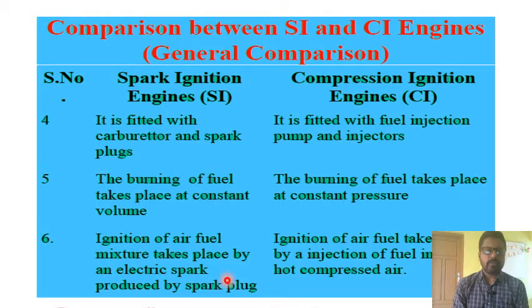Ignition of air fuel mixture takes place by an electric spark produced by the spark plug. Here ignition of the air fuel mixture is done by an injector, which is a high pressure component.